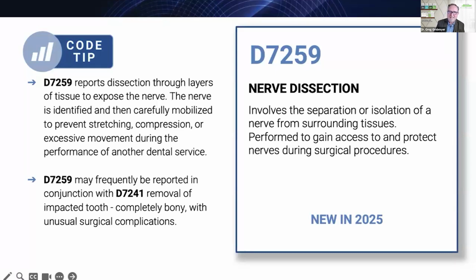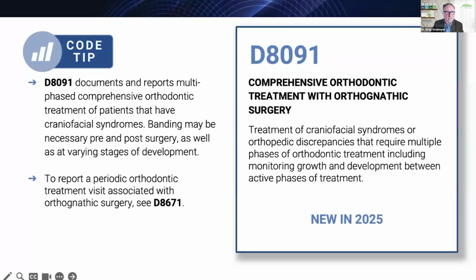So you're actually dissecting out that nerve from the surrounding tissues, and you're laying it aside so it doesn't get hurt or damaged while you're doing the extraction or whatever the other surgical procedure is that you're performing, and then you're putting everything back in place. So probably not one I'm going to be using in my office, that's for sure, but oral surgeons, absolutely, this may be something that's in their realm of possibility.